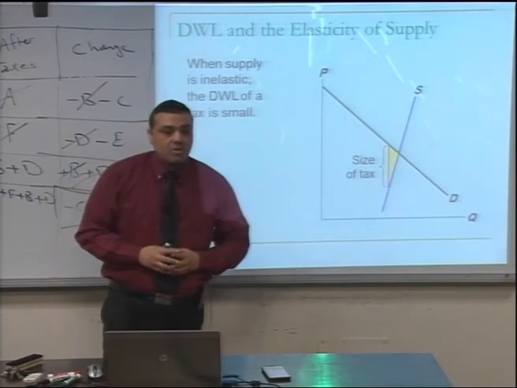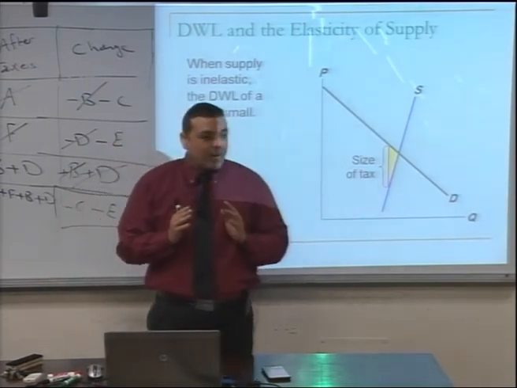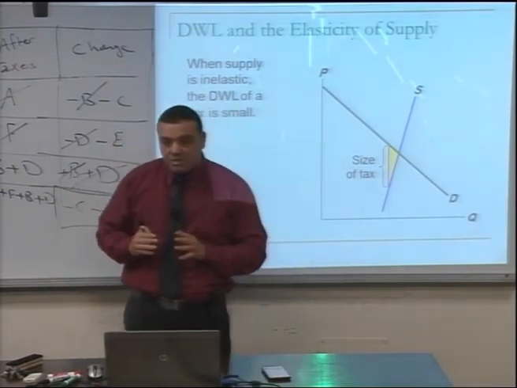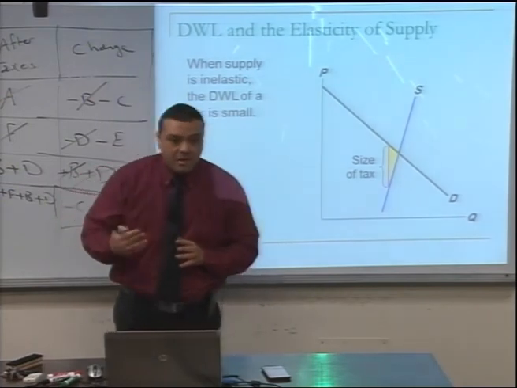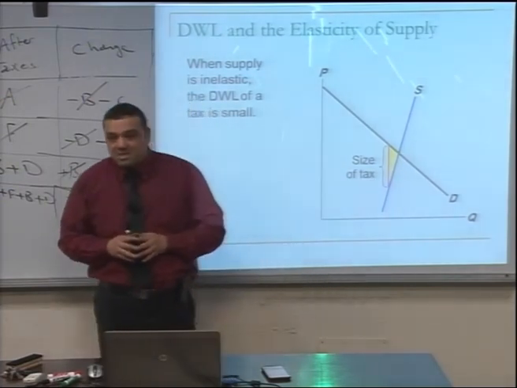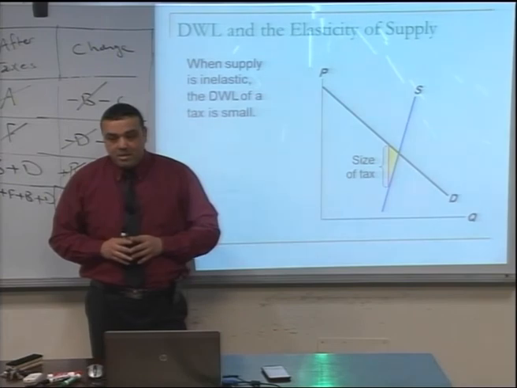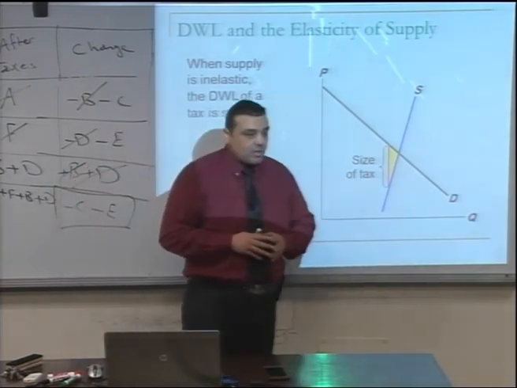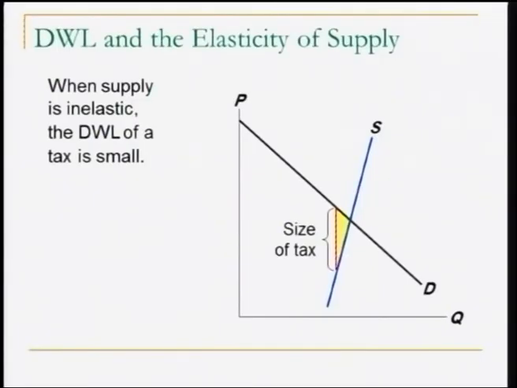Okay, let's go to the relationship between the deadweight loss or the loss in social welfare and the elasticity of demand and supply. In general, the deadweight loss is affected by the elasticity of supply and the elasticity of demand. So let's go to this graph.